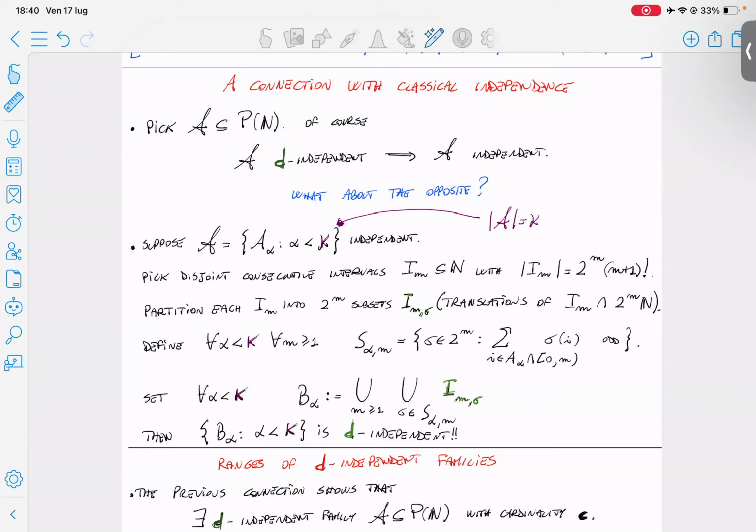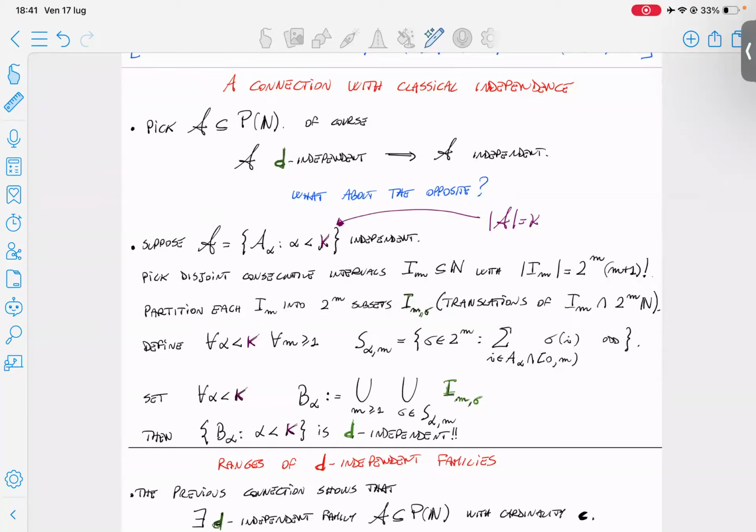How do we do it? Well, if we start with a family A which is independent, let's remember it means that all the possible finite intersections, whatever the exponent, are infinite. Then we can pick some consecutive intervals of naturals which are sufficiently large. And on each of them, we divide it into some subintervals. And these subintervals are translations of multiples of 2 to the power of m.